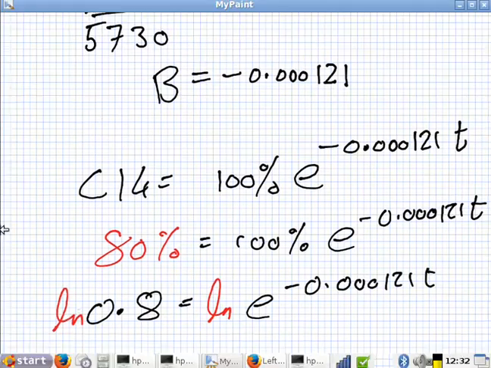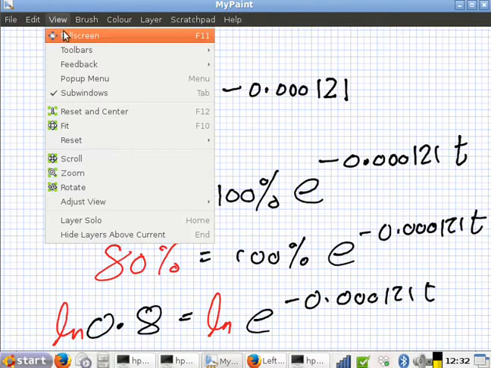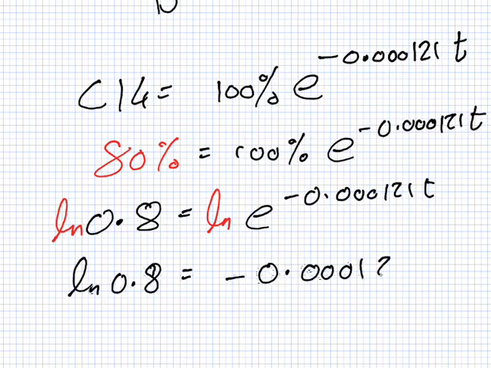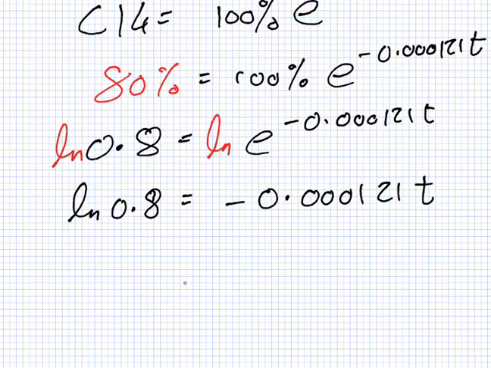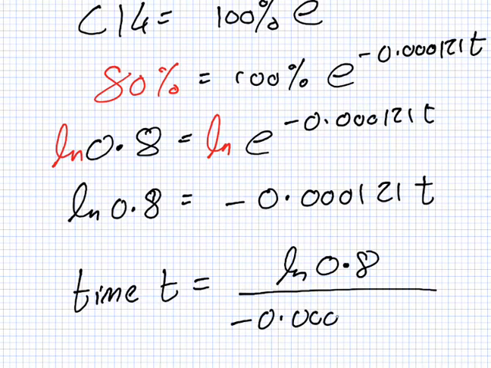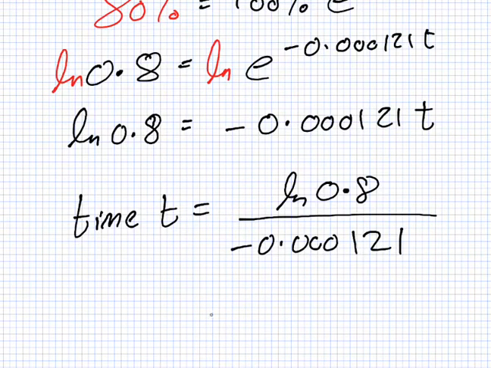Let me just check my battery. Yeah, it's okay. So I get log 0.8 equals minus 0.000121 T. So we can finish now. We get time T equals log 0.8 over minus 0.000121. So what's that number, please?